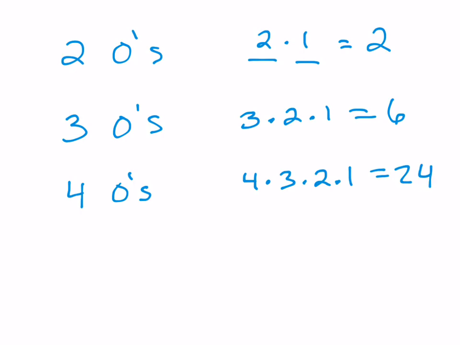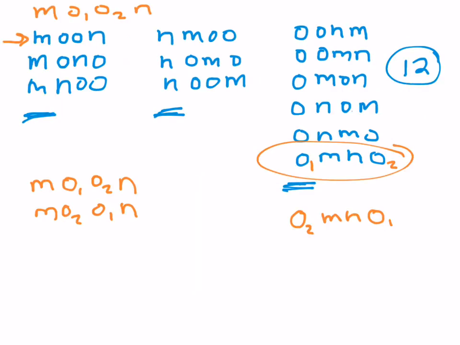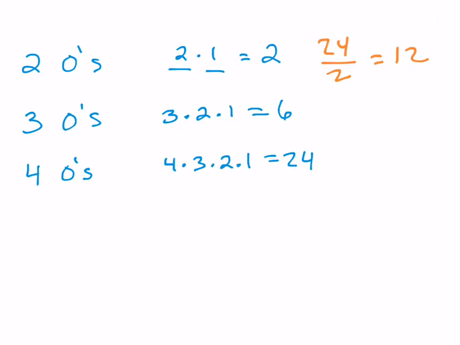Now we've seen this before too. In the moon example, if we have 24 passwords, what would we need to do to find the number of different passwords? 12. Well, we divide that by 2. And then that gives the number of different passwords.